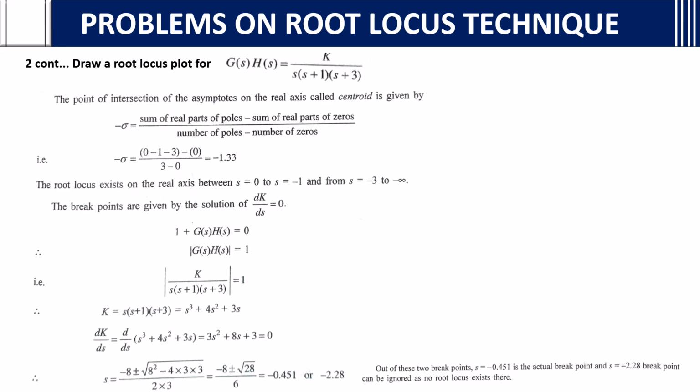Then the point of intersection of asymptotes on the real axis is called the centroid. Now we got the asymptotes. If you remember in the rules, once you find the asymptotes, we want the centroid where they intersect. These asymptotes usually don't intersect, but you should know the centroid. So minus sigma is equal to the sum of real parts of the poles minus the sum of real parts of zeros, divided by number of poles minus number of zeros.